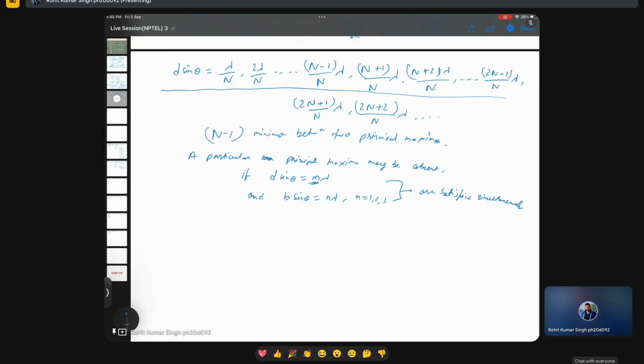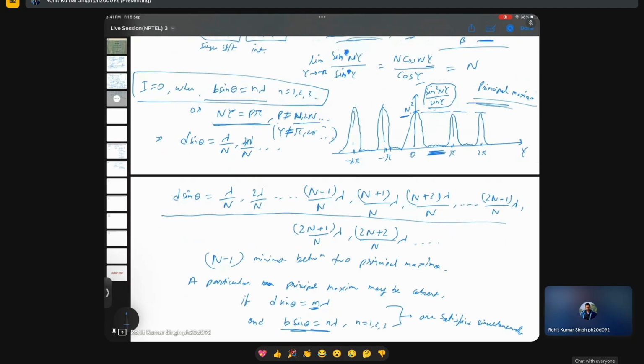If you look at the diffraction pattern of n slits, you will see some principal maxima are absent, and those correspond to these diffraction minimas. So the same concept applies here as with two slits.